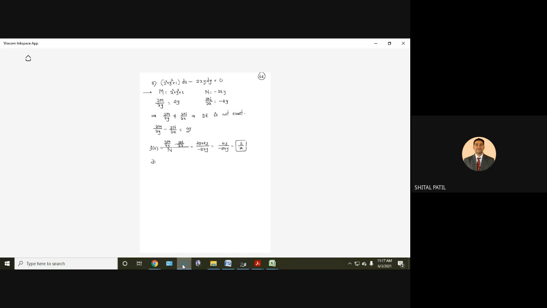Then what is the integrating factor? E raised to integration of f of x. Sir, minus 2 by x. Absolutely. 1 upon x square is the integrating factor. Okay, what is the next step?